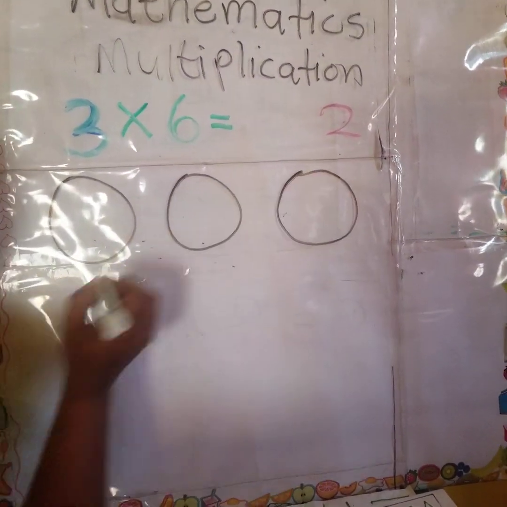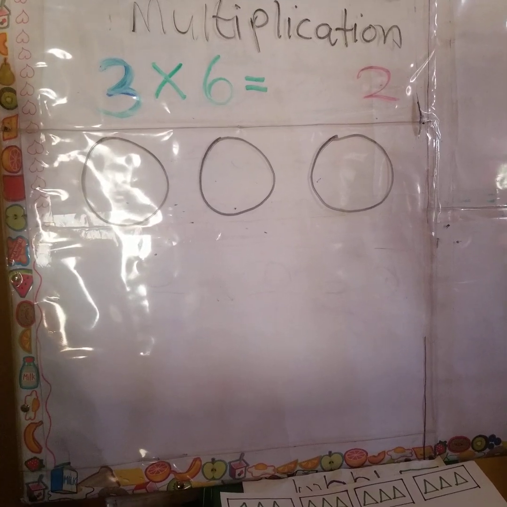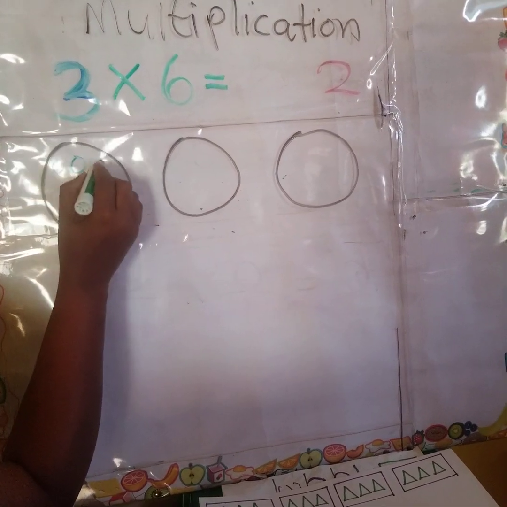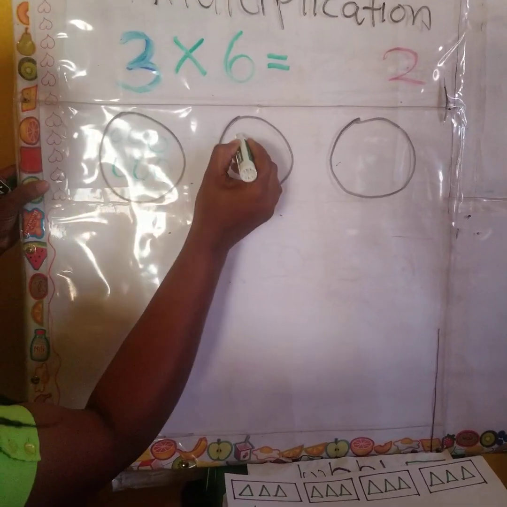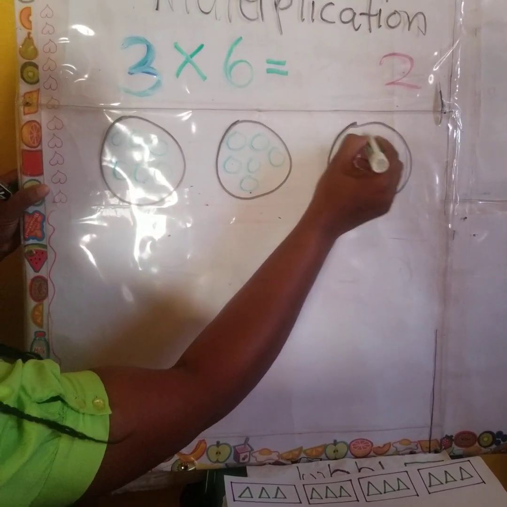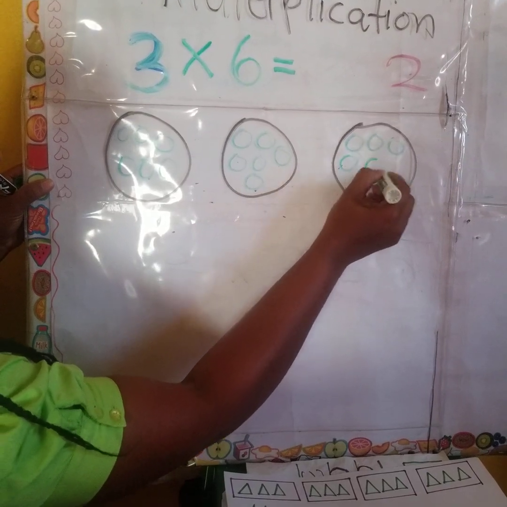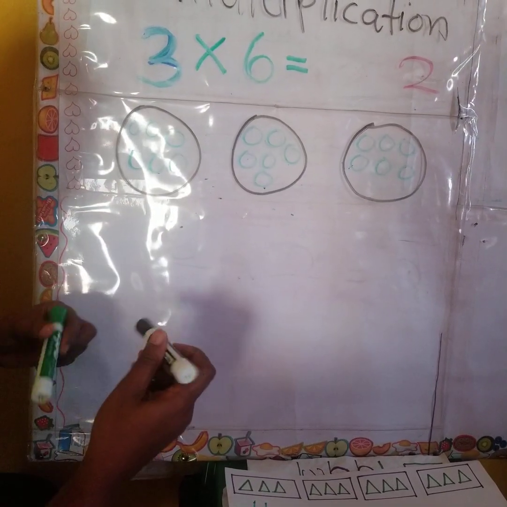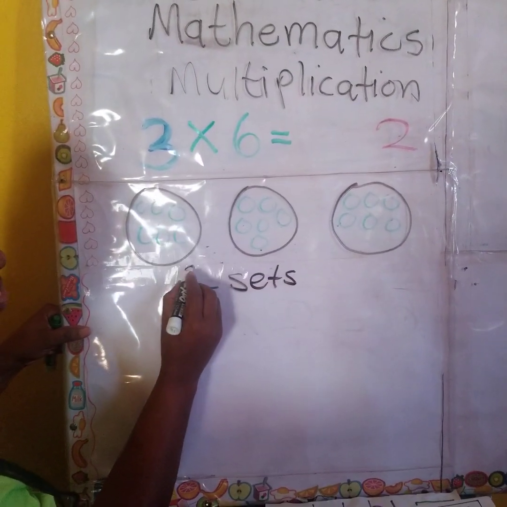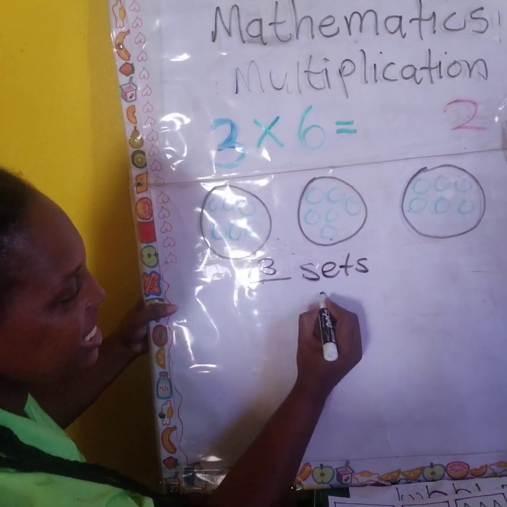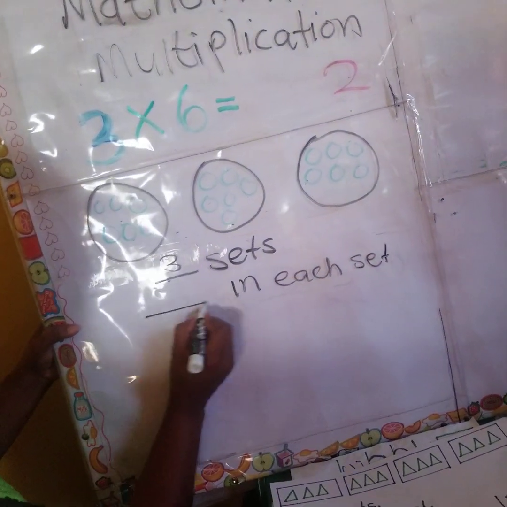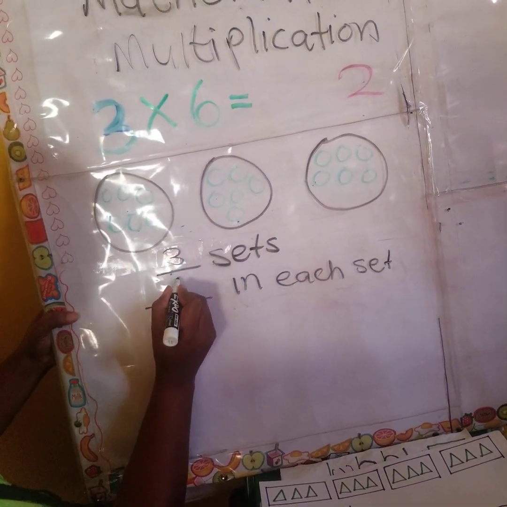Very good. And how much do we have to put in each set? We have to put 6 in each set. Awesome. 1, 2, 3, 4, 5, 6. 1, 2, 3, 4, 5, 6. 1, 2, 3, 4, 5, 6. So we have 3 sets and 6 in each set.